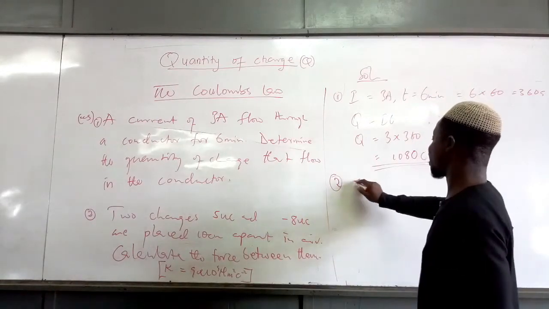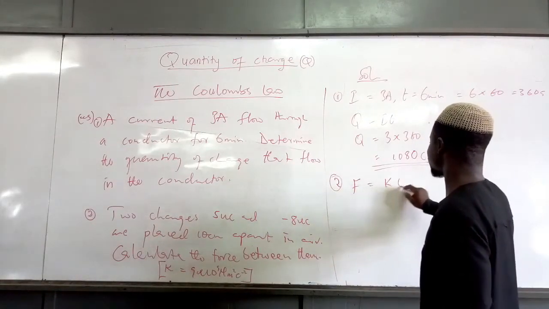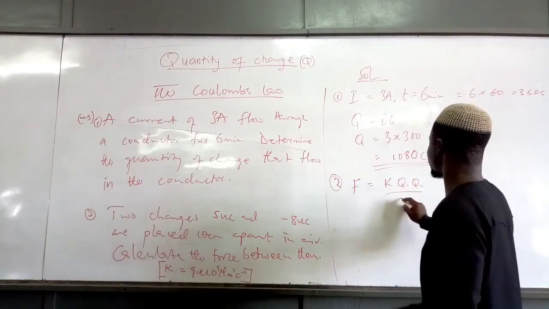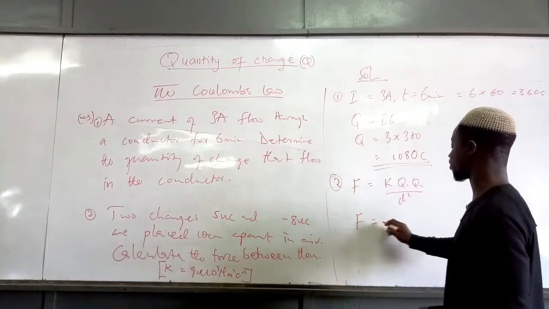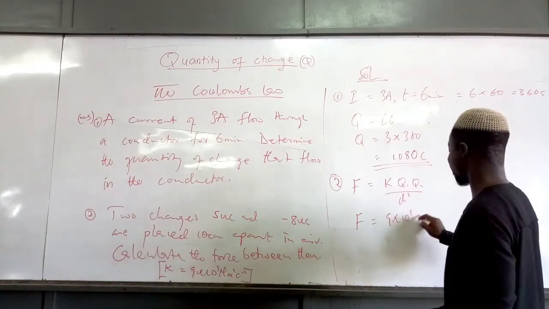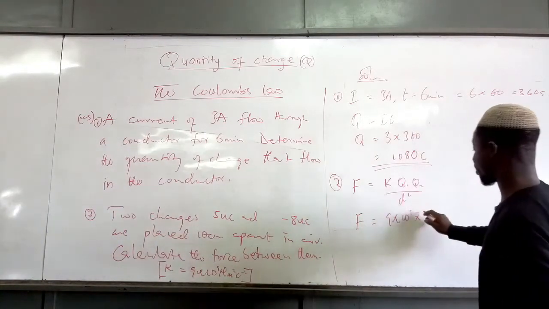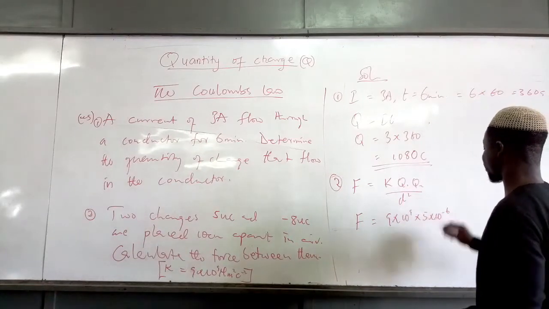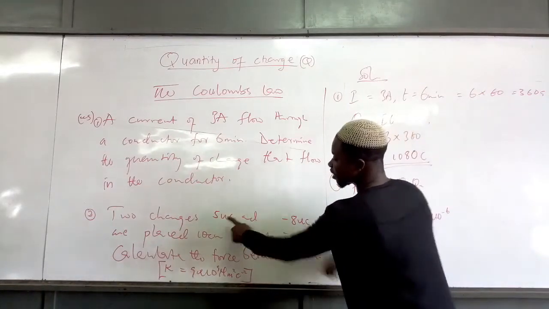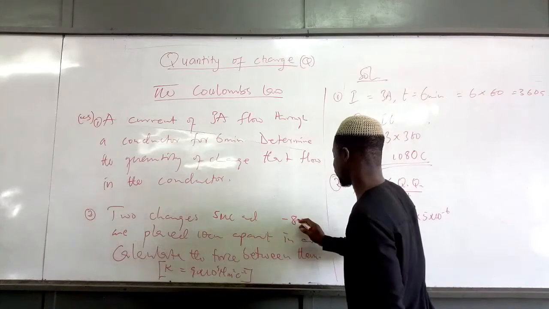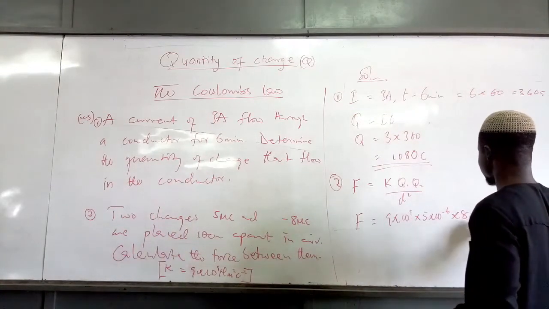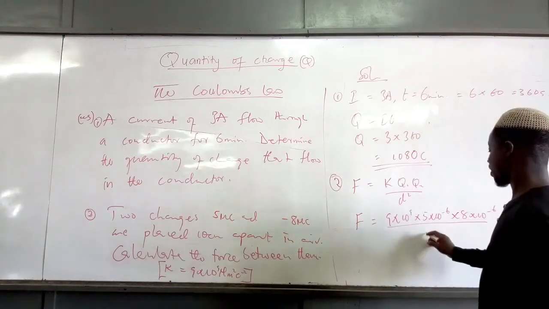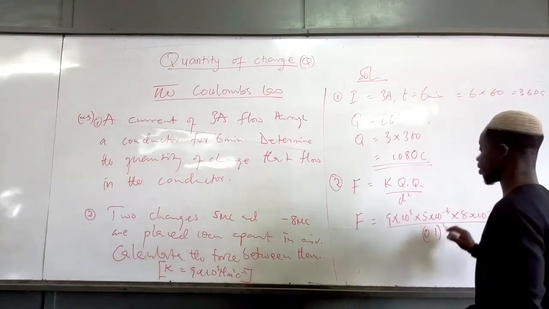Good. So we say that F is equal to K Q1 Q2 all over d squared. Of course, the quantities of charge are given to us. So F is equal to 9 times 10 raised to the power 9 times Q1, 5 times 10 raised to the power minus 6. Remember, micro is times 10 raised to the power minus 6, times 8 times 10 raised to the power minus 6, all over 0.1 squared.